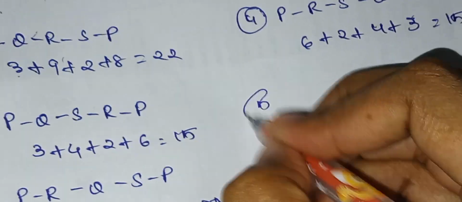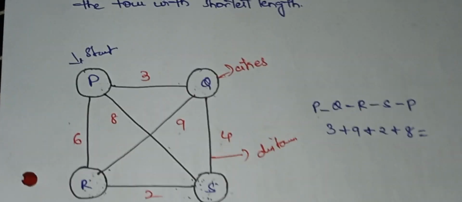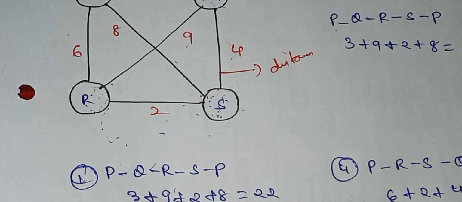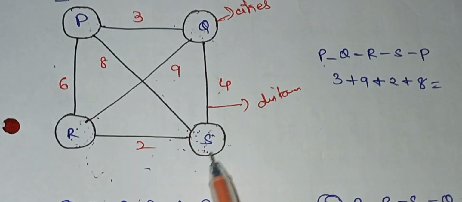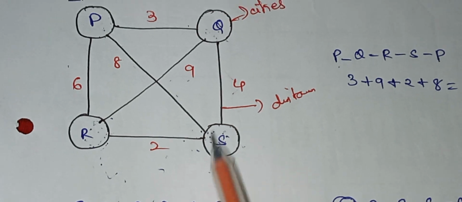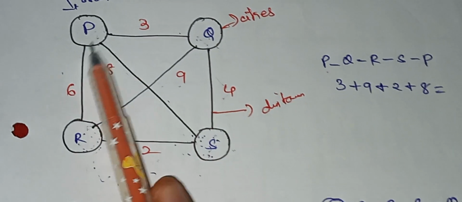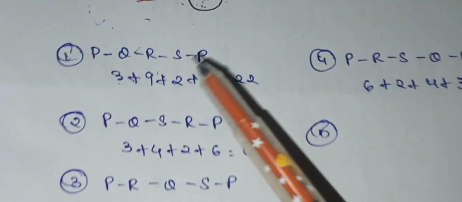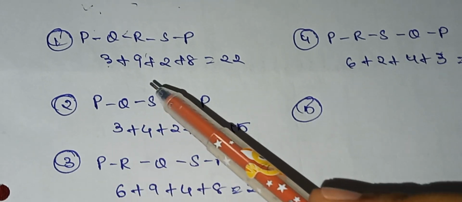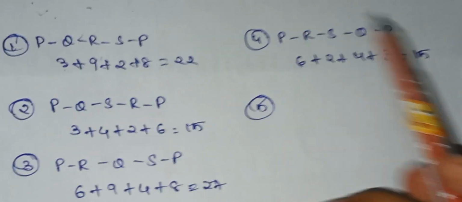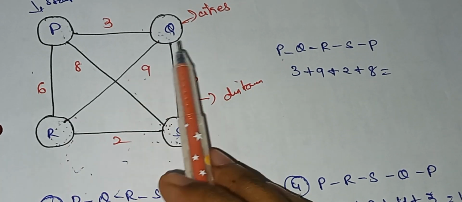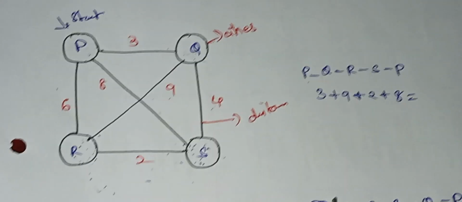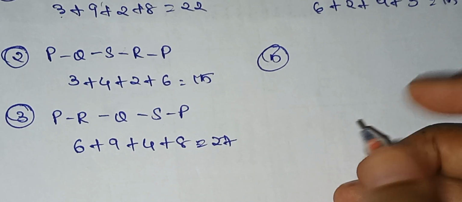Okay. Now let us move on to the next permutation. Let's see, is there any permutation we have already drawn like that? There is no such permutation. So we are going from P to S, S to R, R to Q, Q to P. This is one more permutation.